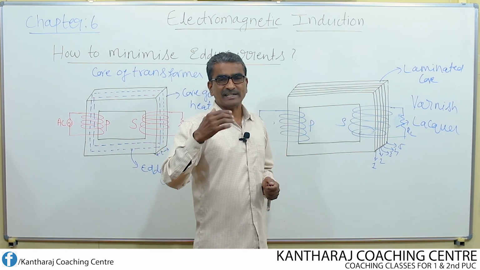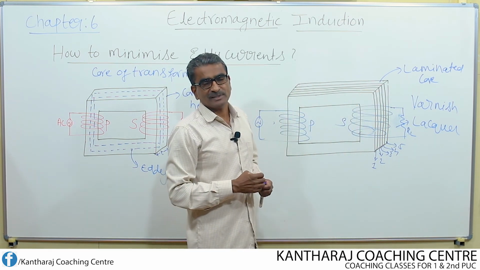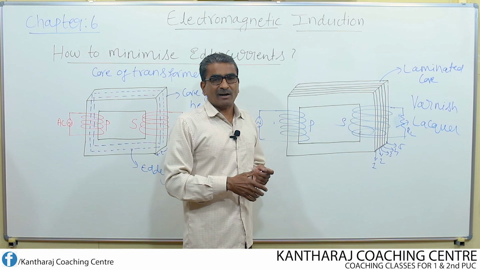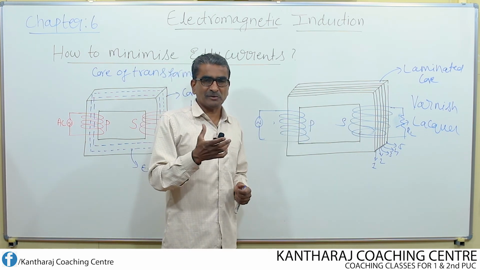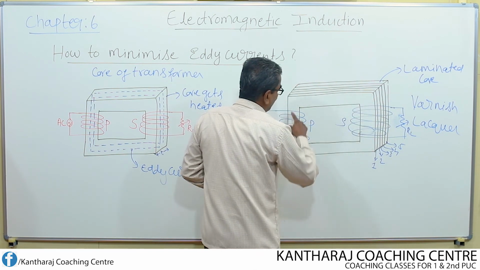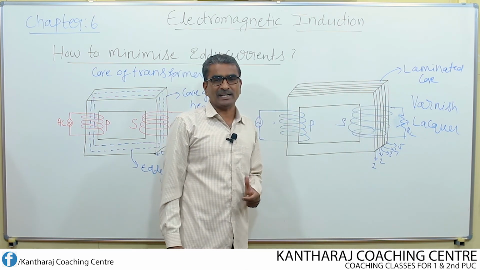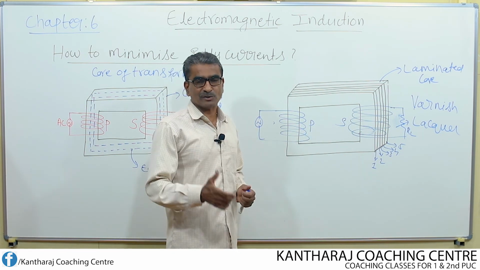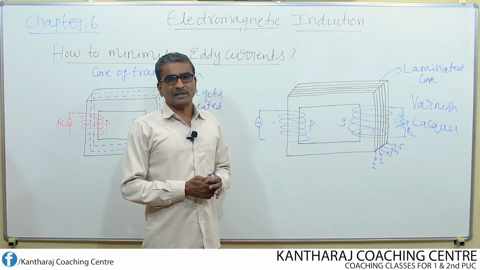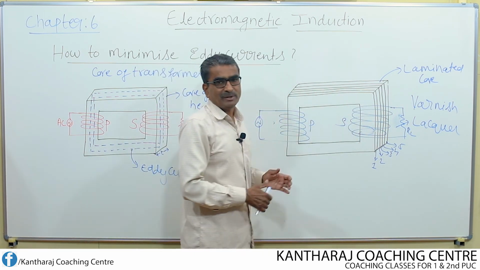So the eddy current gets confined only to what? Only to the plates. Because of this large resistance between the plates, the amount of eddy current induced over the surface of the core will decrease, and this decrease of eddy current in turn is going to reduce the amount of heat produced. So as a result, the amount of heat produced in the core of the transformer can be reduced.